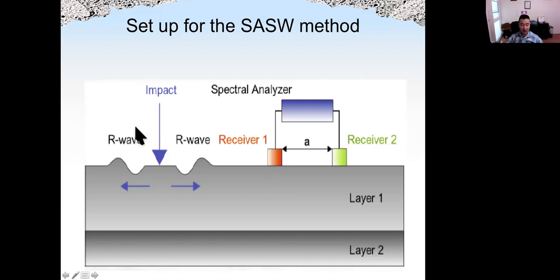After the impact, the impact generates a Rayleigh wave, a surface wave, which is received by receivers 1 and 2. Because the receivers can easily measure the time difference when they receive the waves, and the distance between the two receivers is fixed and very easy to measure, we can translate that information into velocity and then into depth of layers.